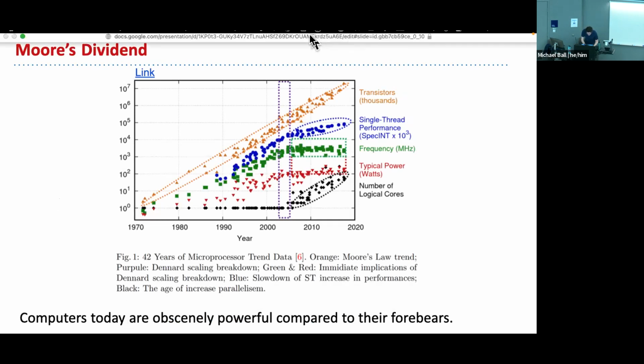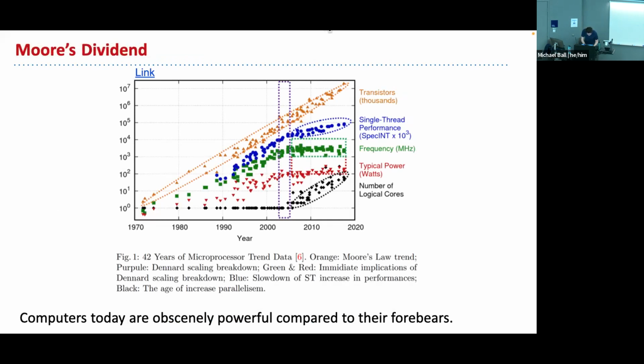And we're not going to go through and look at this entire graph. But one of the things to note over time is that this graph just shows a bunch of things that happen with computers. So they show the number of transistors going up, but that's not quite as interesting.